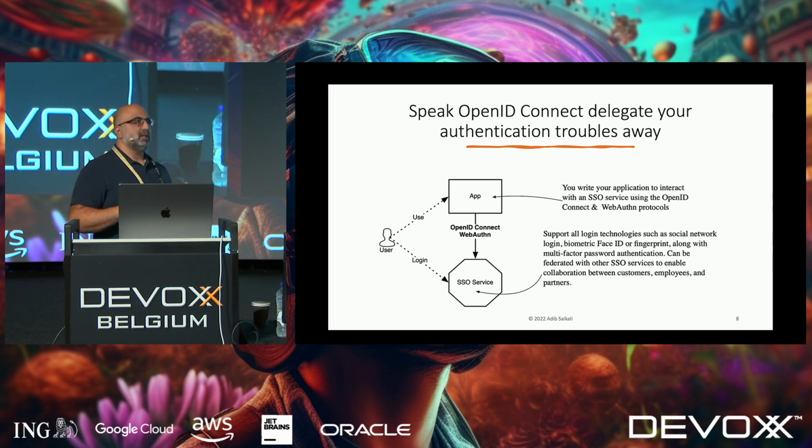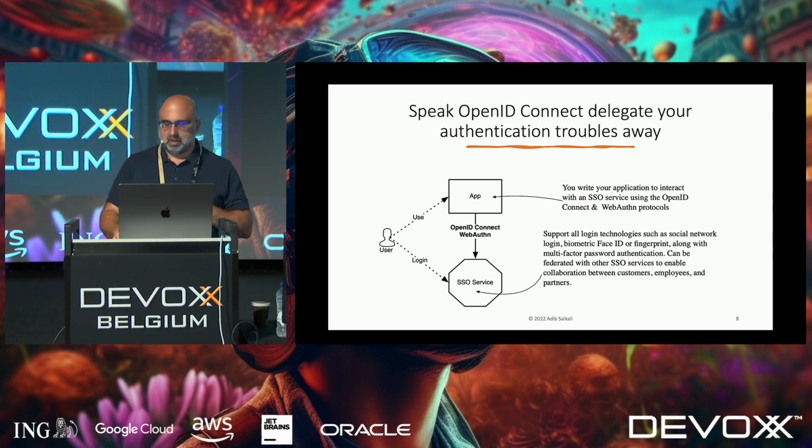You want that service to speak OpenID Connect, but the complexity of, say, implementing web authentication and Passkey, you want that in the single sign-on service. For today's session, our single sign-on service is going to be the Spring Authorization Server, but it could be any single sign-on that is compatible with OpenID Connect and Web Authentication.